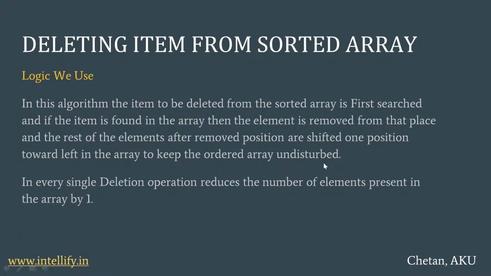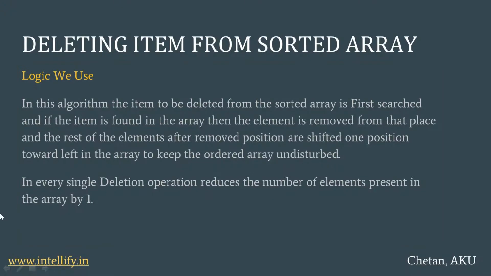To fill up this place, we shift all the elements present on the right-hand side by one position towards the left side in the array, and this is the way we can delete an element from a sorted array.